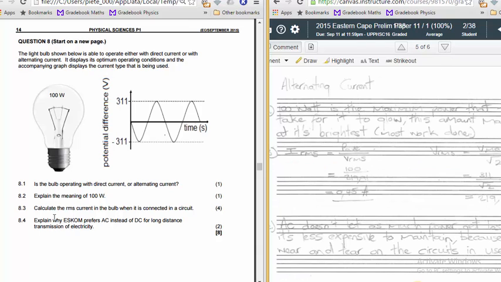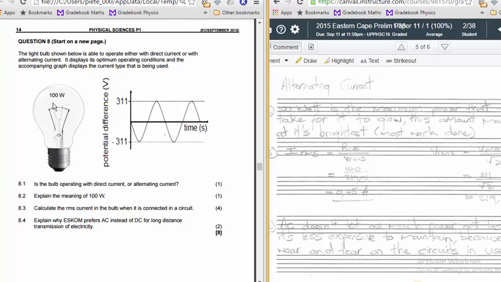let's see, next question. Calculate the RMS current in the bulb when it's connected in a circuit. So the RMS current is reliant on, in order to get the current, we first need to get the... and at this stage, what do we have?